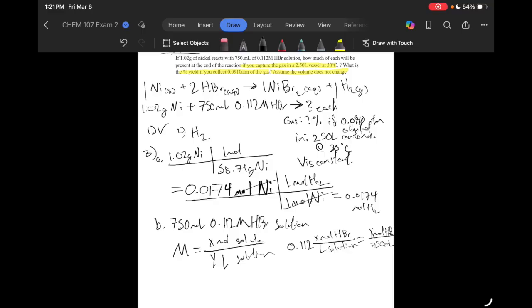Now we need to convert milliliters to liters first. We know that 1 liter is the same as 10 to the 3 milliliters.